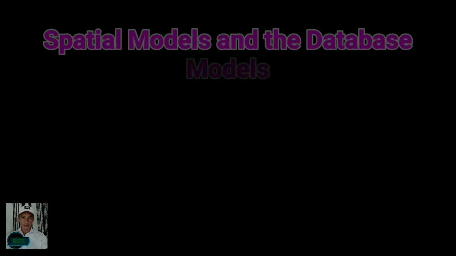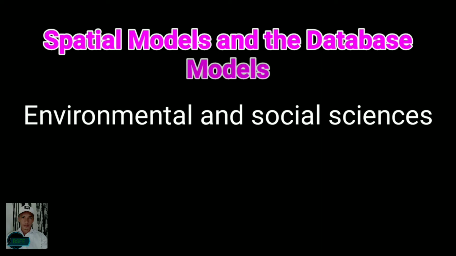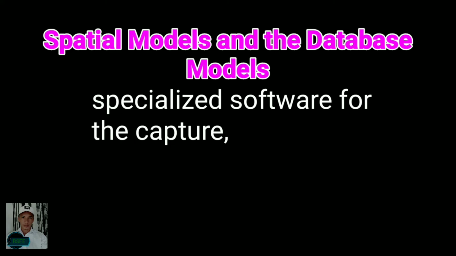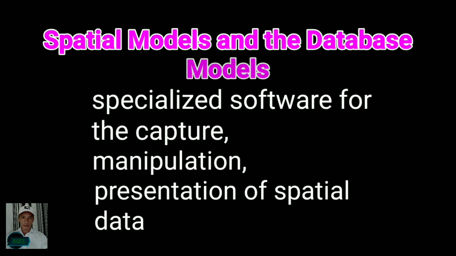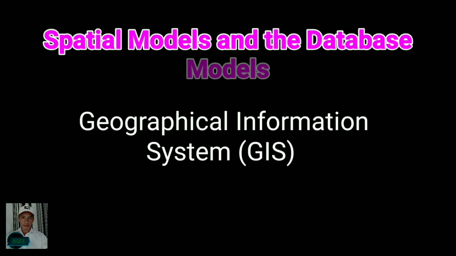Next, the spatial models and the database models. In the environmental and social sciences, spatial models have been around for quite some time. More recently, specialized software for the capture, manipulation, and presentation of spatial data, known as Geographical Information Systems (GIS), has vastly expanded the range of possibilities for organizing spatial data through new and efficient methods of spatial integration and spatial interpolation.